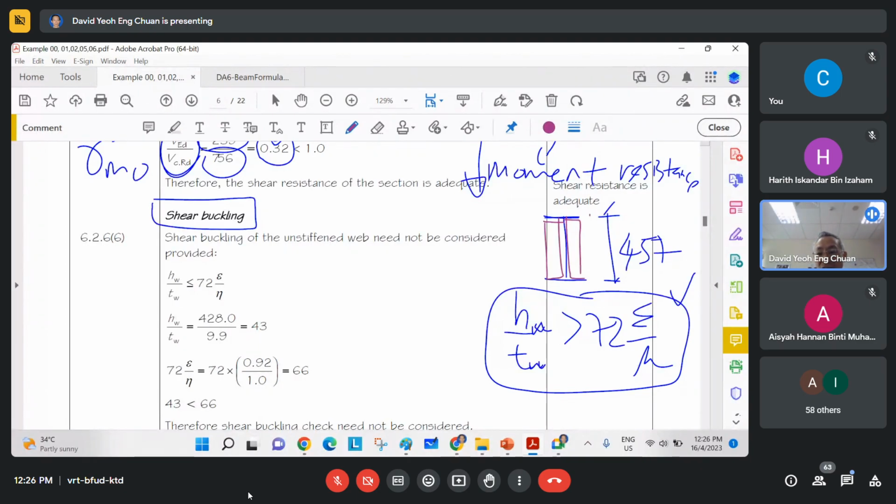We do not want to have an extra stiffener on the web.